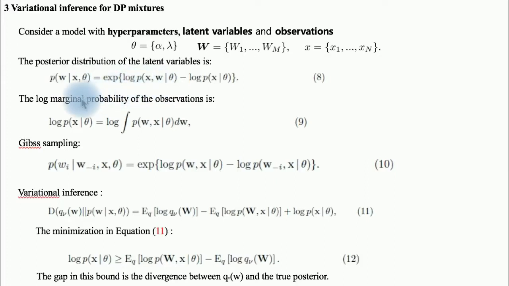Working directly with the posterior is typically precluded by the need to compute the normalizing constant. The log marginal probability of the observation is like this, which may be difficult to compute given that the latent variables become dependent.